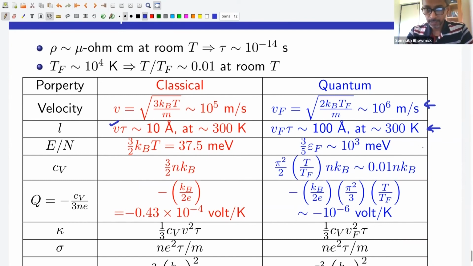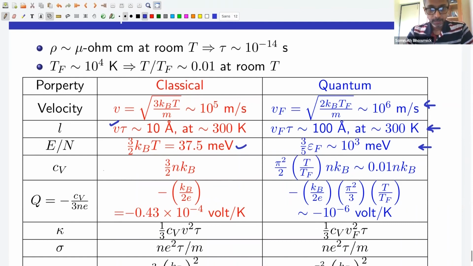The energy of the quantum free electron gas is 100 times more than the classical model, right? So I have compared the energy at 300 Kelvin, that turns out to be 37.5 MeV, whereas even at 0 Kelvin, the energy of the quantum free electron gas is of the order of 1000 millielectron volts.